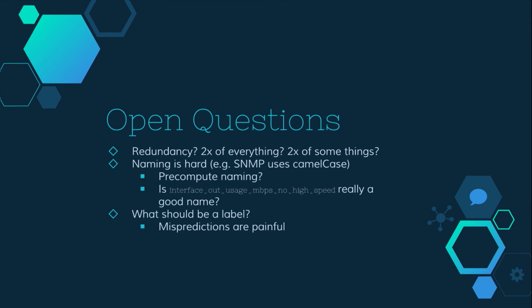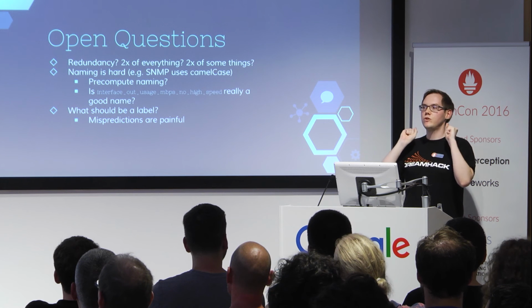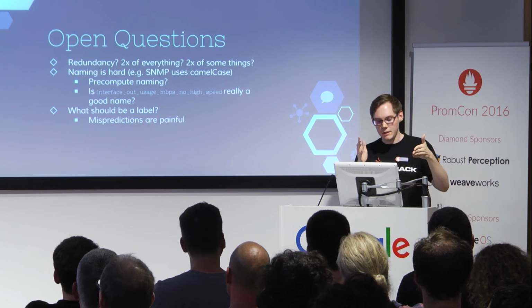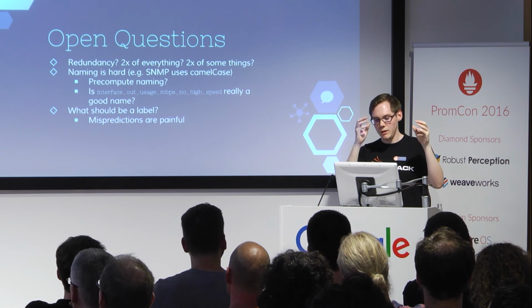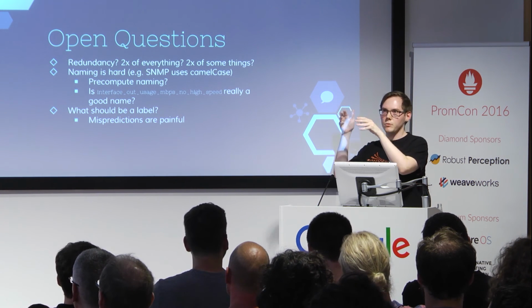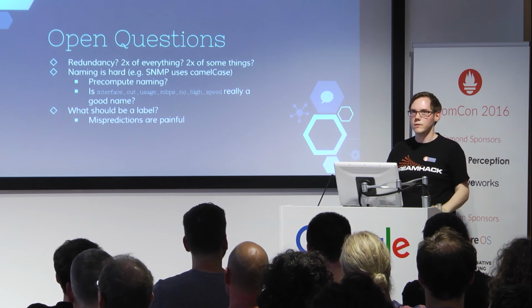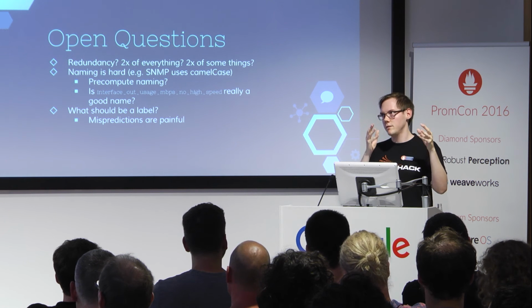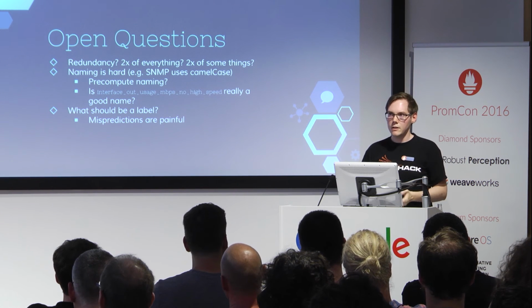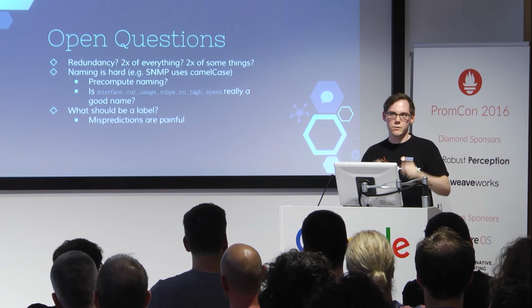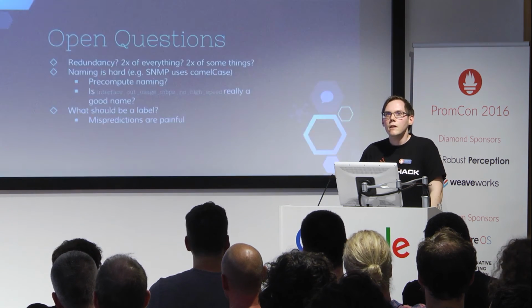What should be a label? We used to have a ton of debugging stuff in labels. That resulted in us having to do a lot of group by, unless, or without, and they just messed up the queries. So we sacrificed debuggability for readability. So yeah, maybe we could have something like verbosity labels or annotation or whatever, I don't know.